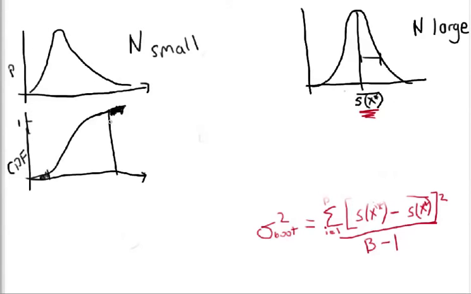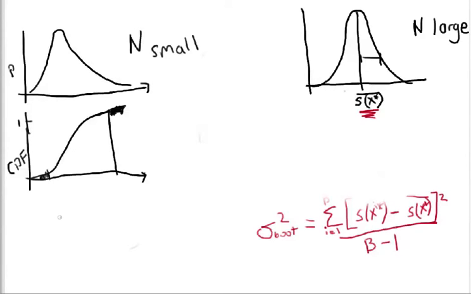So what you can end up doing is establish those same sort of confidence intervals, but by using the resampled cumulative distribution function and not the probability distribution.